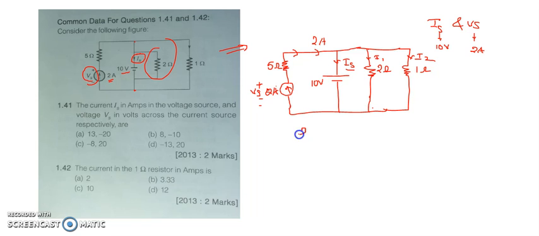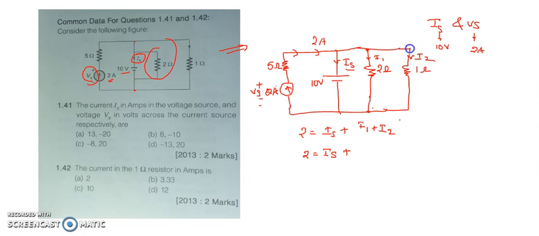Now I can write 2 is equal to IS plus I1 plus I2, right? Then 2 is equal to IS plus I1, where I1 is the current flowing through this 2 ohm resistor, and the voltage across this resistor is 10 volts. Why? Because the 10 volt source is parallel to both these resistors, so whatever voltage is there from here to here, the same voltage is maintained here to here.